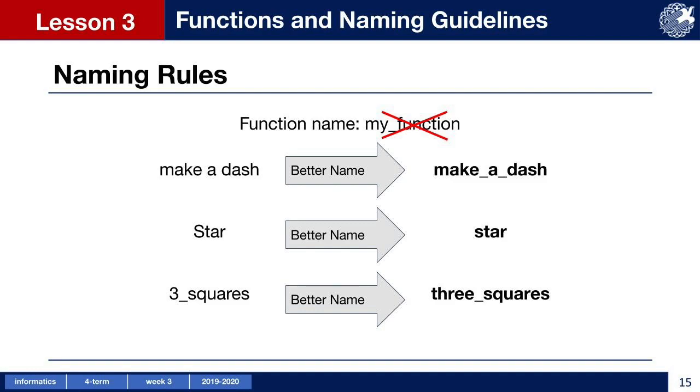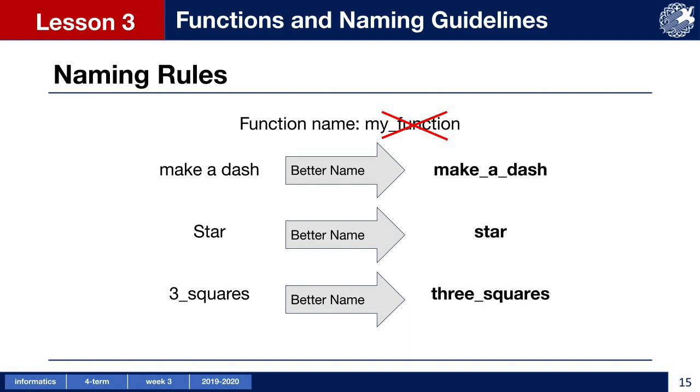If we need to give a function a name, can we use a name like myFunction? Actually, we don't want to use this name because it does not describe what our function does. Let's take a look at some better function name examples. If I want to make a function that will draw 1 dash in a dashed line, I might want to call it make_a_dash, but these words must be connected with underscores.